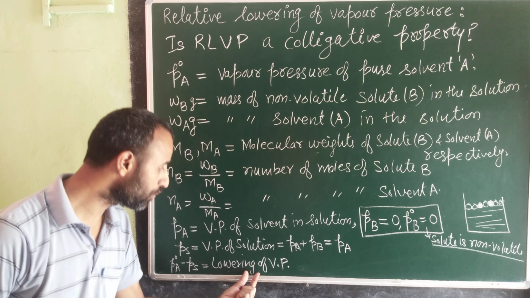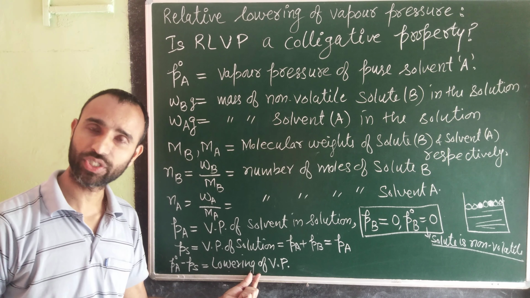Now this lowering of vapor pressure is from P naught A. This is lowering of vapor pressure, take it as delta P. So what is relative lowering of vapor pressure?